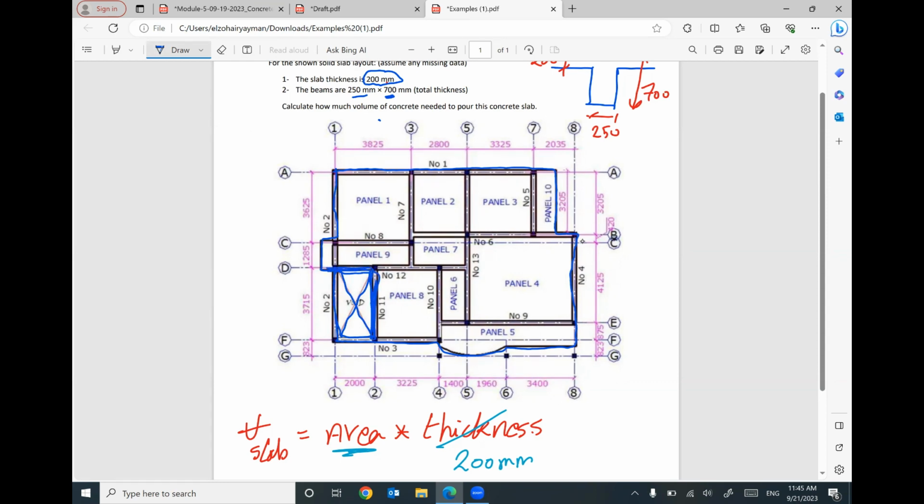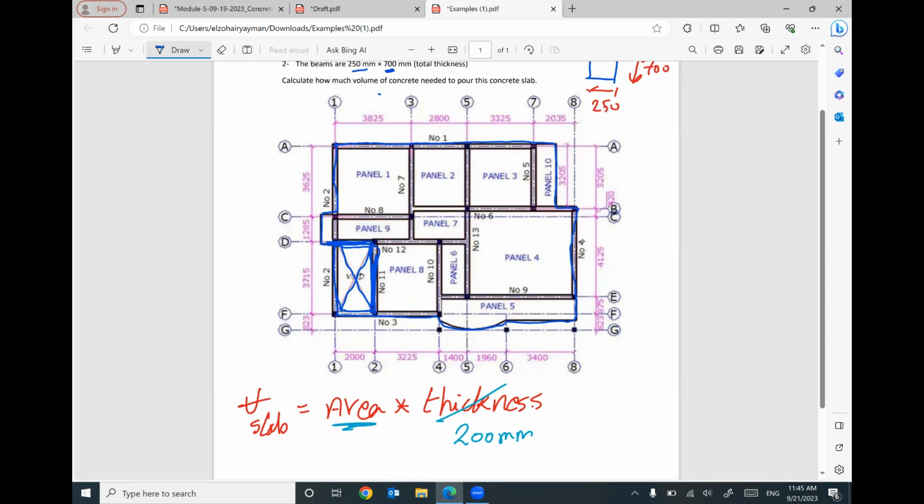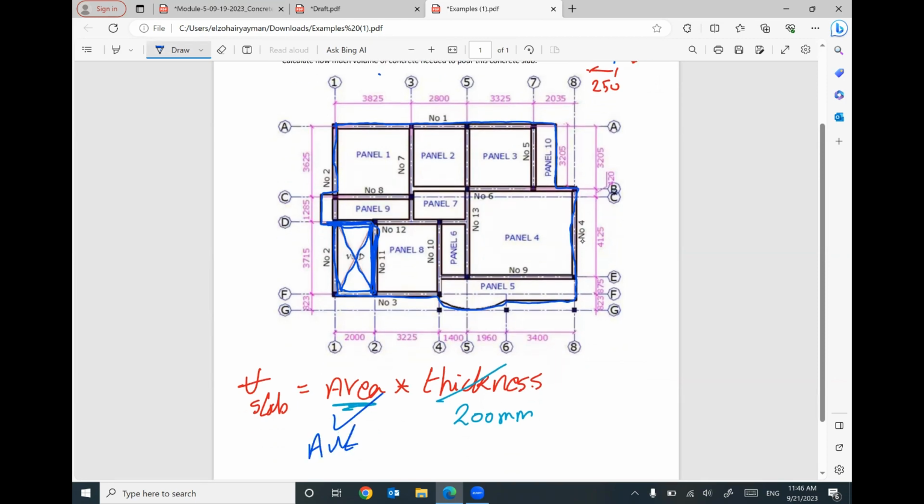Actually, if you have this drawing on AutoCAD, AutoCAD in 1 second can tell you what is the area inside this blue line. I can figure this from AutoCAD. But we should have this drawing on AutoCAD, and I believe as a contractor, you will have all drawings in electronic format or AutoCAD files.